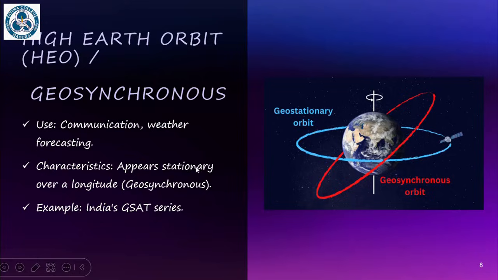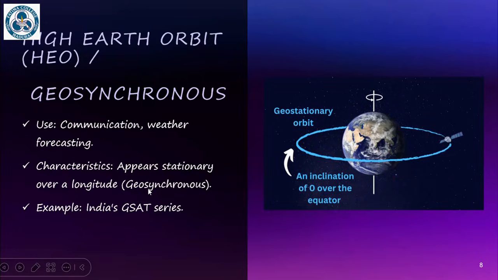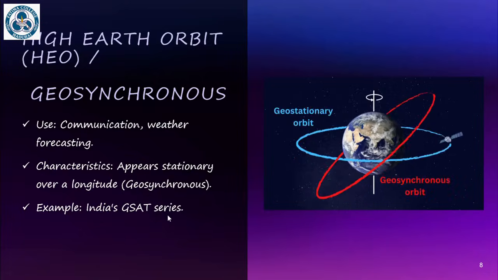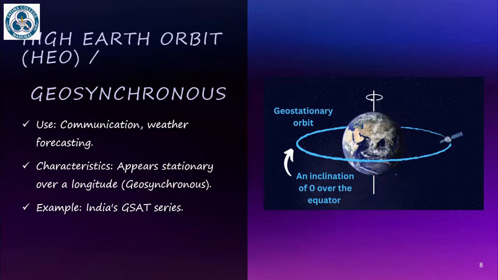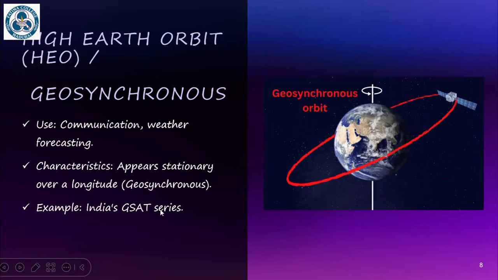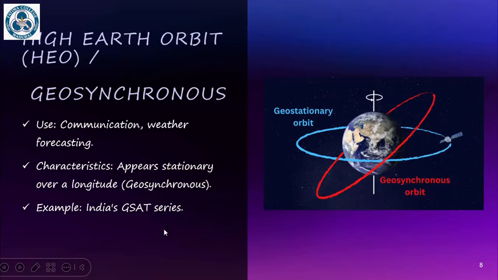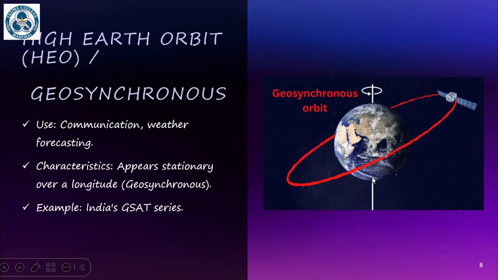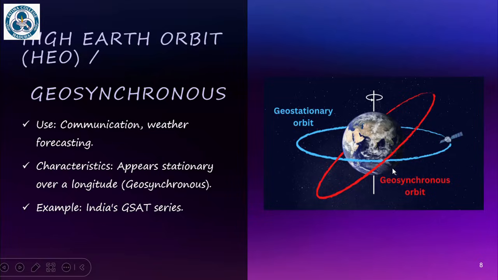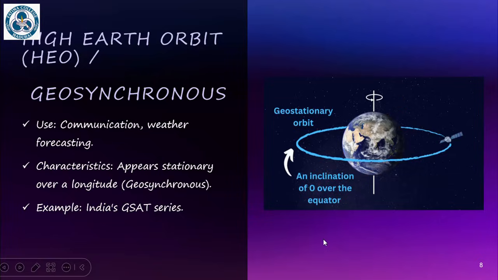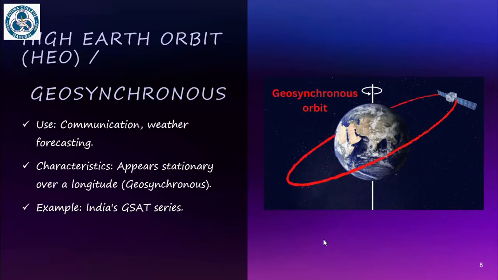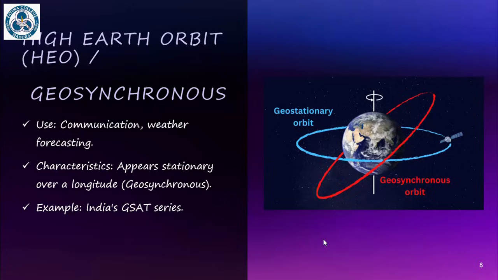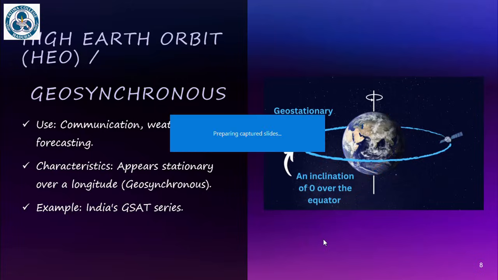Because of this, it appears stationary over a fixed longitude. This is extremely useful for telecommunication and weather satellites. Ground antennas can remain fixed, continuously pointing to the same satellite. An important coverage fact is that three GEO satellites evenly spaced can provide near global coverage. This slide also mentions India's GSAT series as examples.